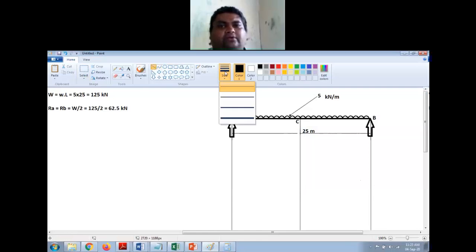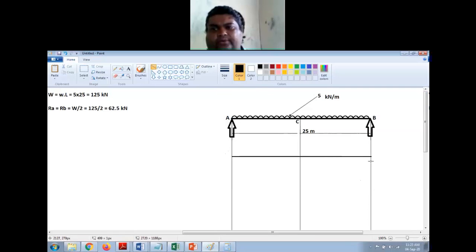Okay, now I will first draw the free body diagram like this, and on this I will just show the, right, these are the two support reactions.